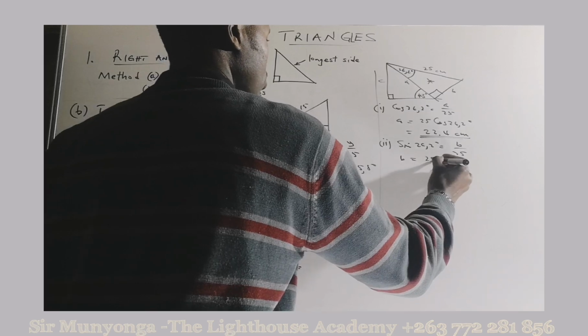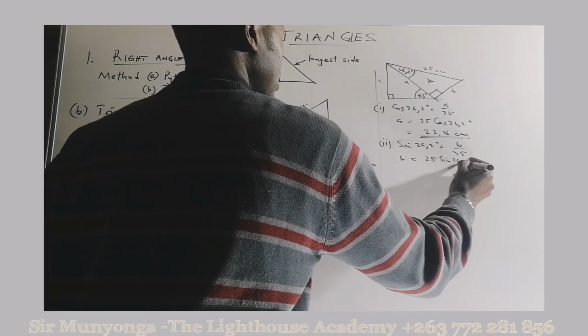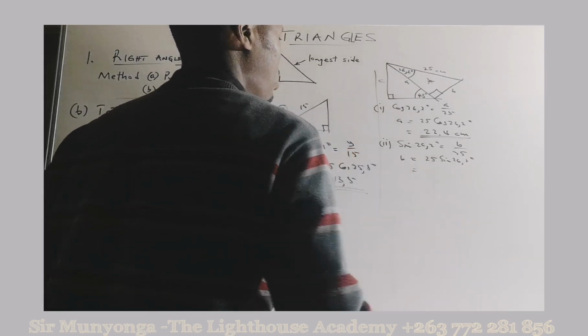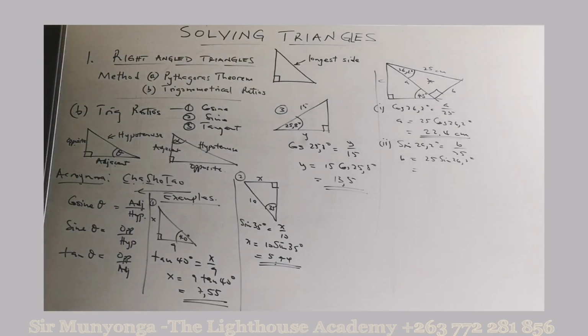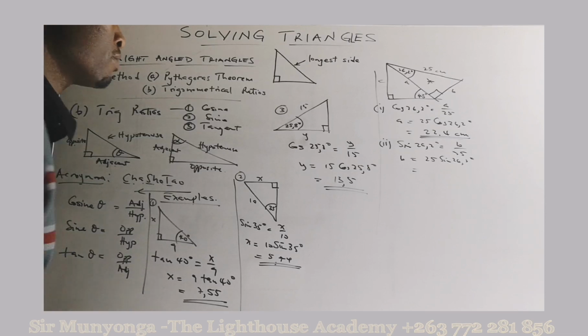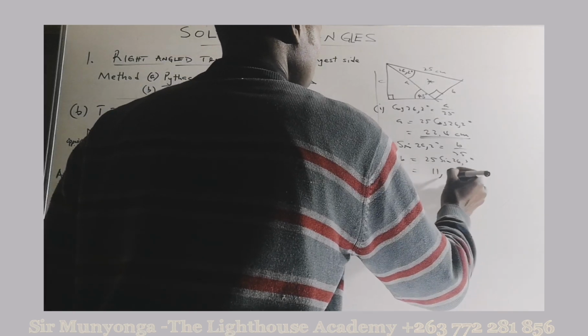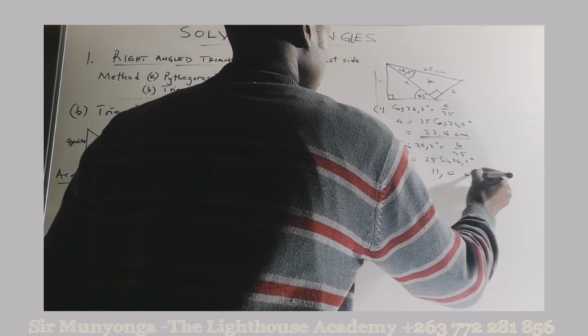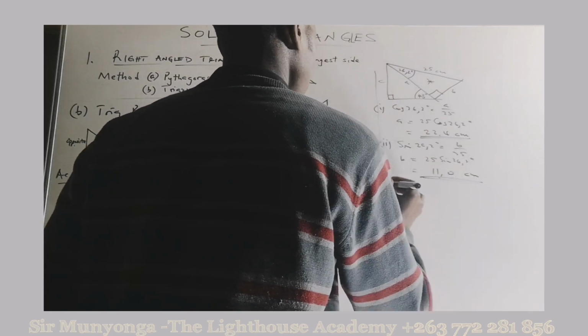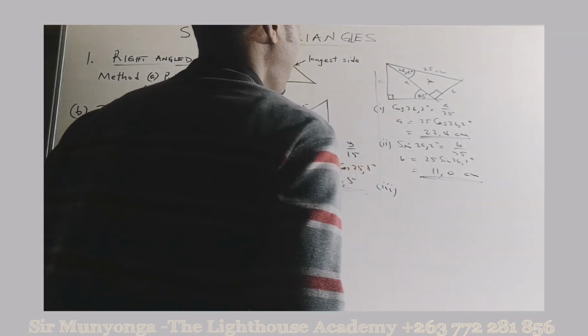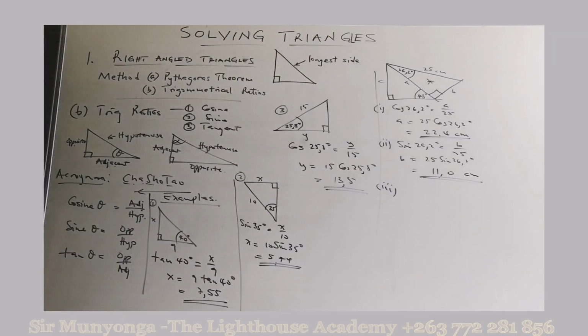So B is equal to 25 sine 26.2 degrees. So 25 sine 26.2, we get 11.0 centimeters.